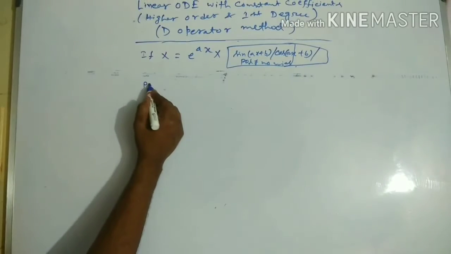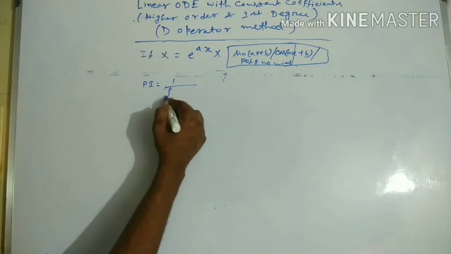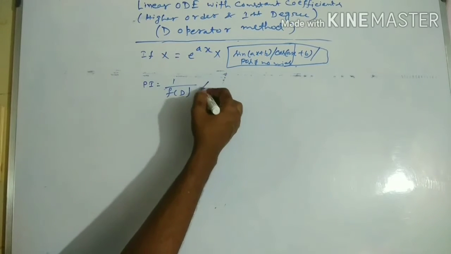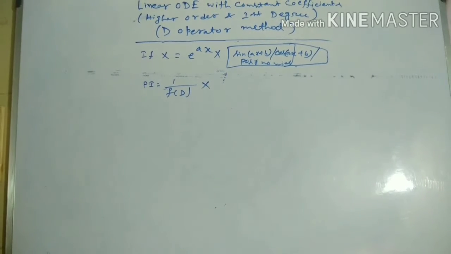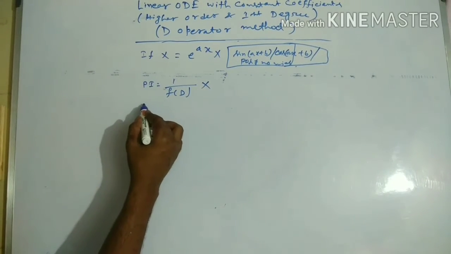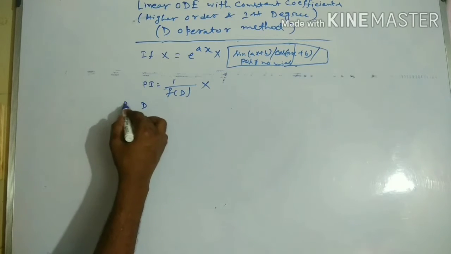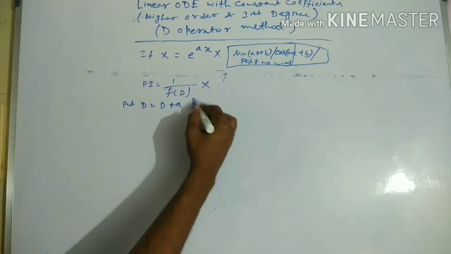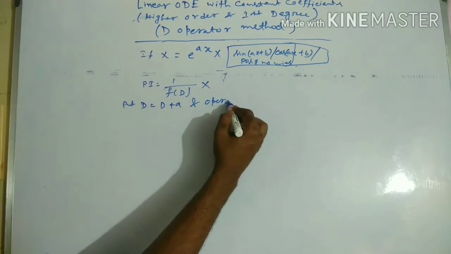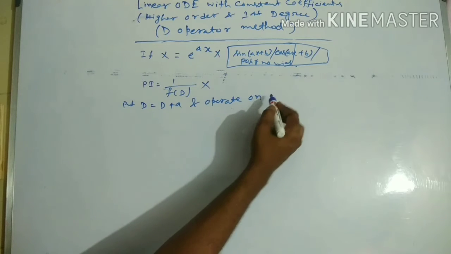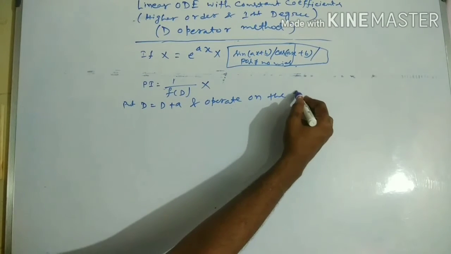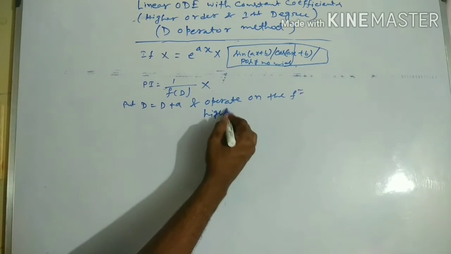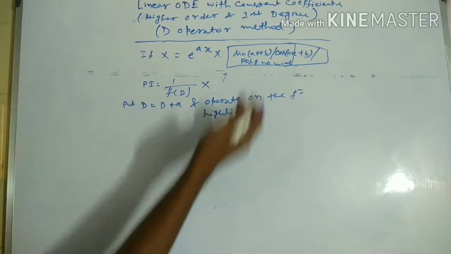Then PI equals 1 by function of D operating on this capital X. The method is you have to put D equal to D plus a and operate on the function highlighted in this box.